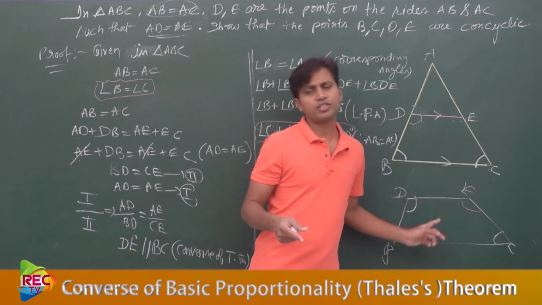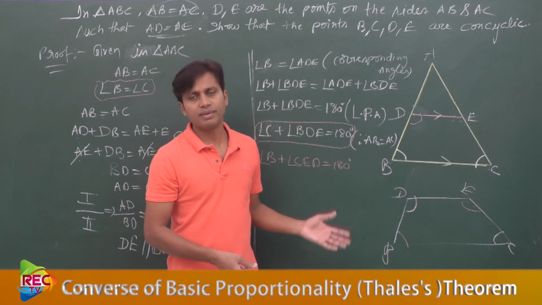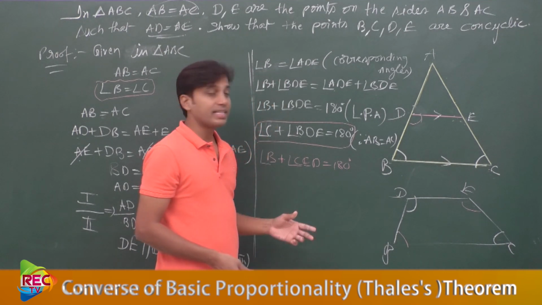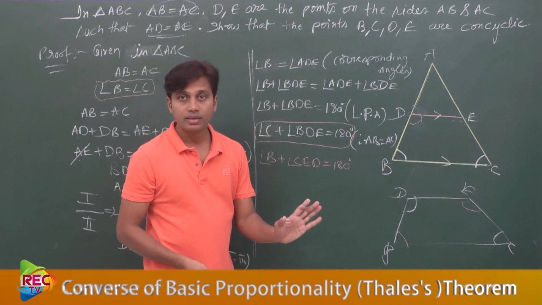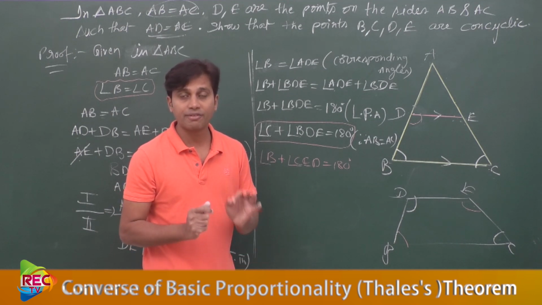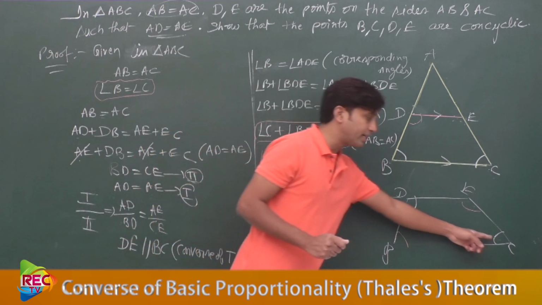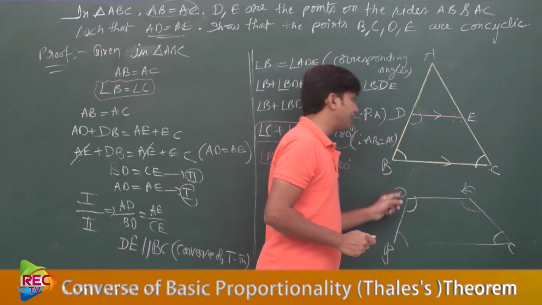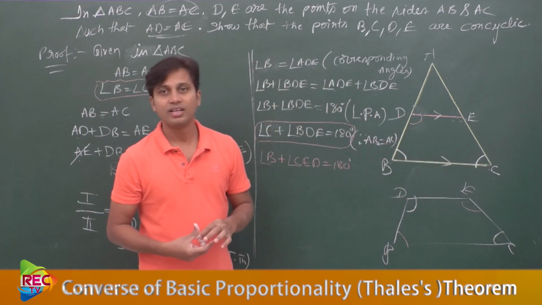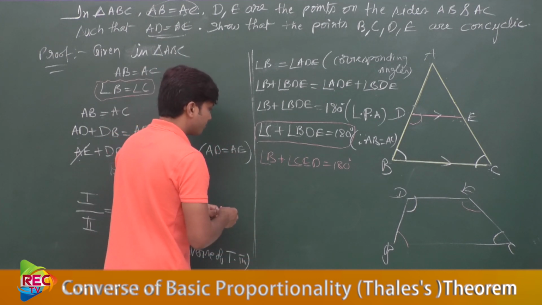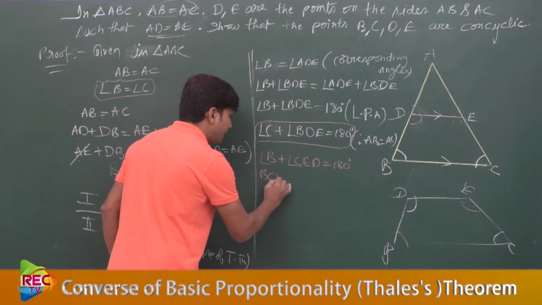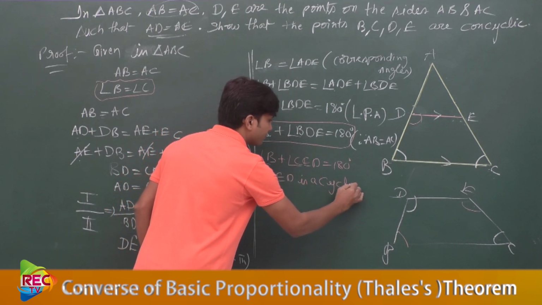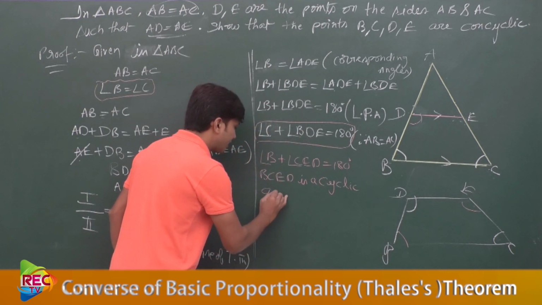So the remaining two sum will obviously be 180 degrees. Understood? So angle B plus angle CED is equal to 180 degrees. Now from this, what did we obtain? Our required part is that opposite angles in this quadrilateral are supplementary. Then, as I said, quadrilateral BCED is cyclic. So BCED is a cyclic quadrilateral.